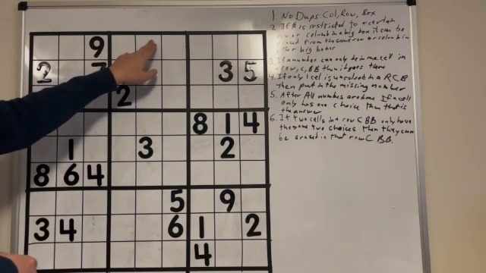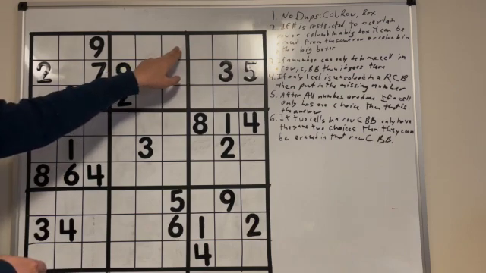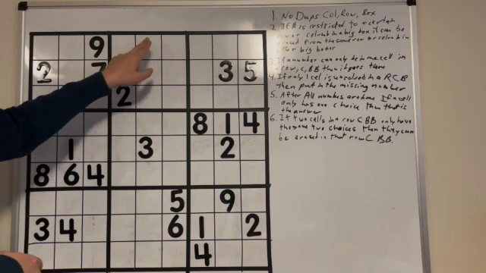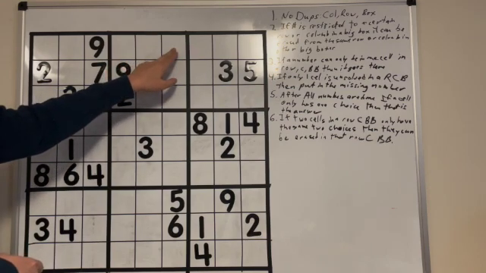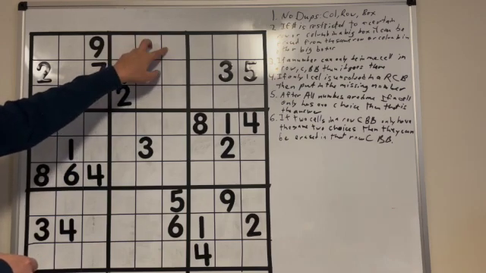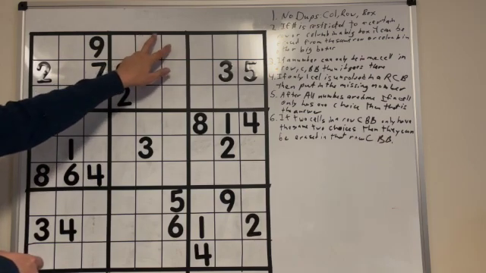And the only choices for these two are 2, 5 or 2, 5. That means if this is a 5, this is a 2. And if this is a 2, then this is a 5. Basically, 2 and 5 are solved. We don't know exactly where they go, but we know they are either here or here. 2 and 5 are done.